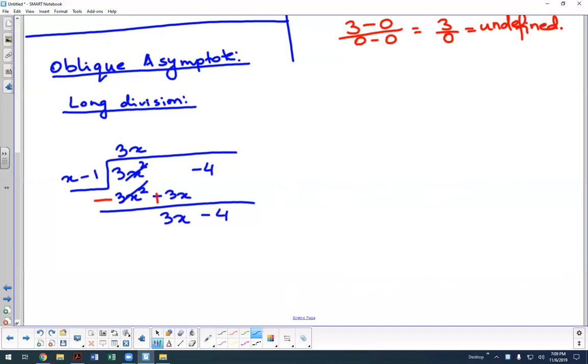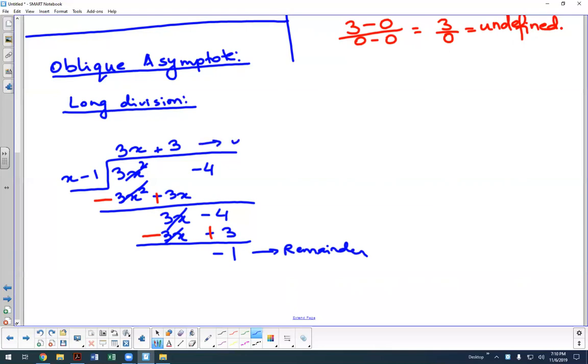Yeah, so that would be a positive 3. Multiply again, 3 times x is 3x. Negative 1 times 3 is negative 3. Since we're doing long division, we need to subtract again. So change signs, this becomes negative, and this will again become positive. The positive and negative 3x cancel each other out. Negative 4 plus 3 is negative 1. So this is our remainder.